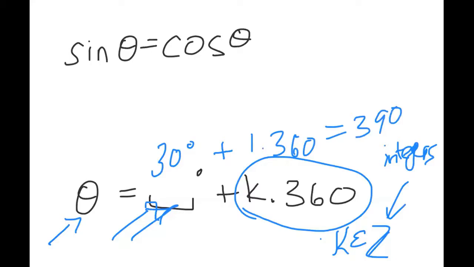So whatever answer you get, theta can be 390 as well. k can be 2, which is 2 times 360, which is 720. So whatever you get there, just add 720, it will give the same answer.